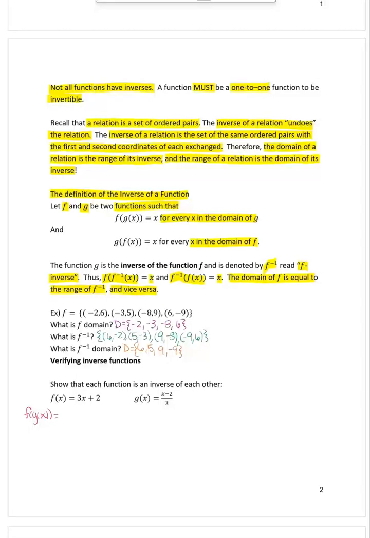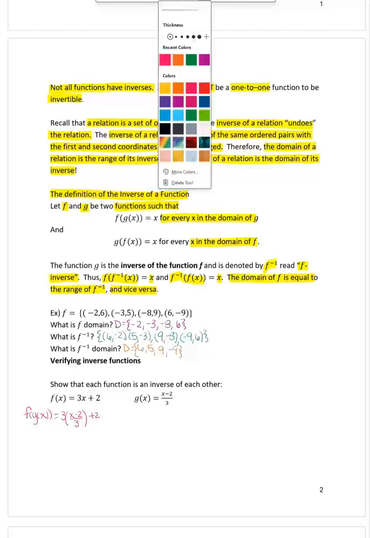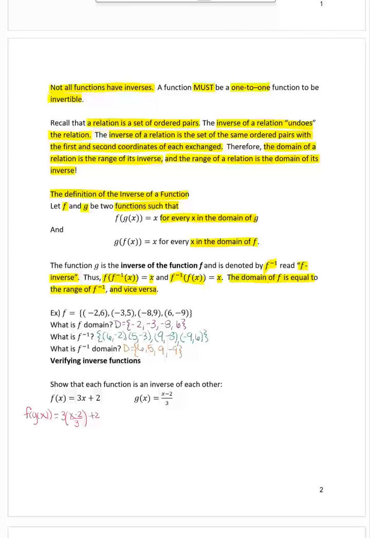We're going to take this g and plug it in for x. So we're going to have 3 times (x minus 2) over 3 plus 2. So our 3's cancel. That's going to leave us with x minus 2 plus 2. Those are going to be 0, so that's going to equal x.